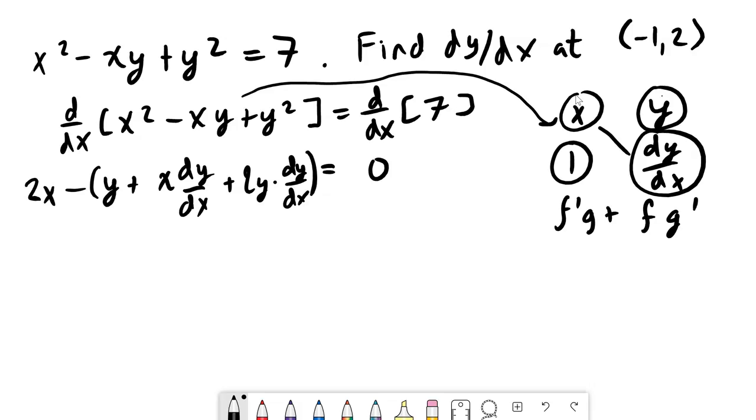So now we want to begin trying to solve this. Actually, I made a mistake here. It should actually be like this. Now you want to just start simplifying and solving for dy/dx, and this is more of a typical problem. You'll see a couple terms of dy/dx, and you have to solve for it. So let me just simplify this through.